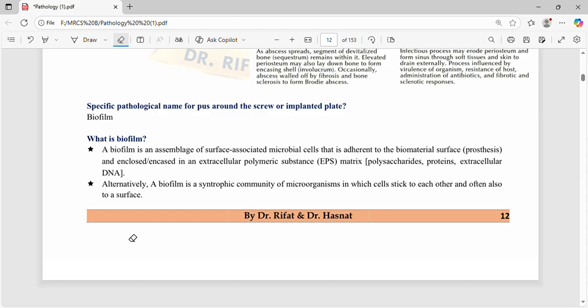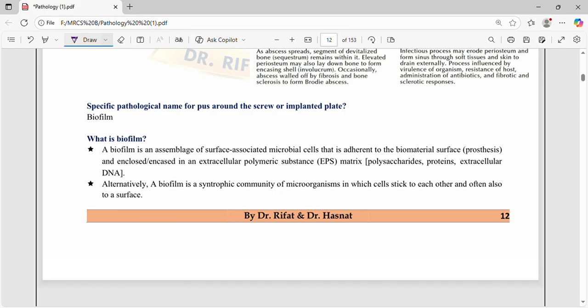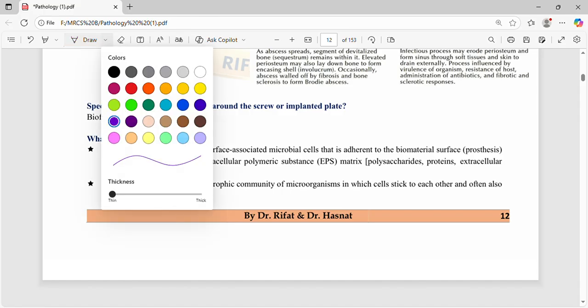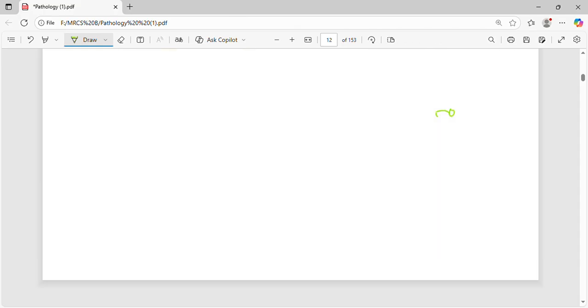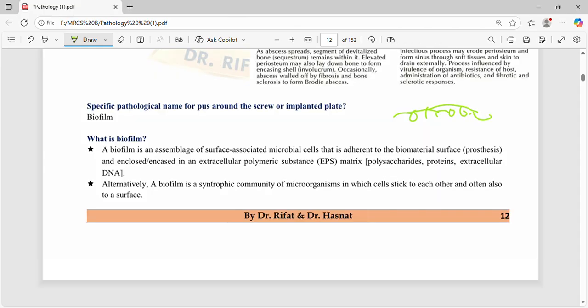So the biofilm is the assembly of the surface microbes and extrapolymeric substance.